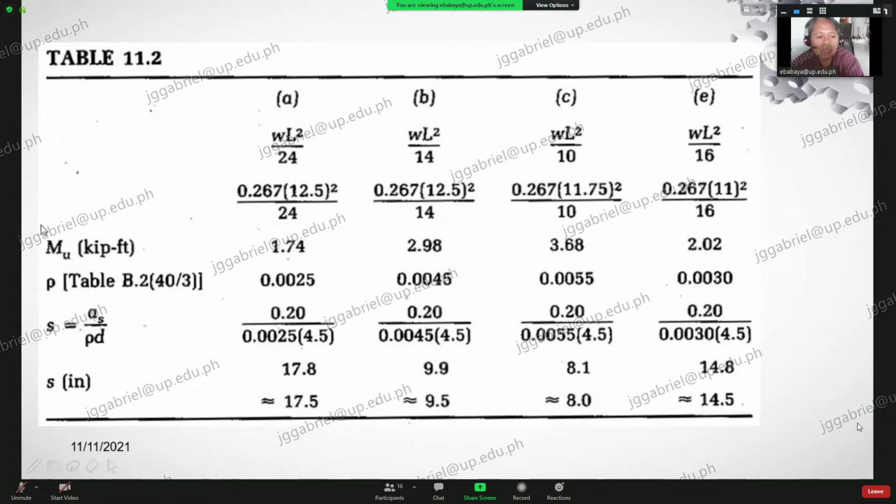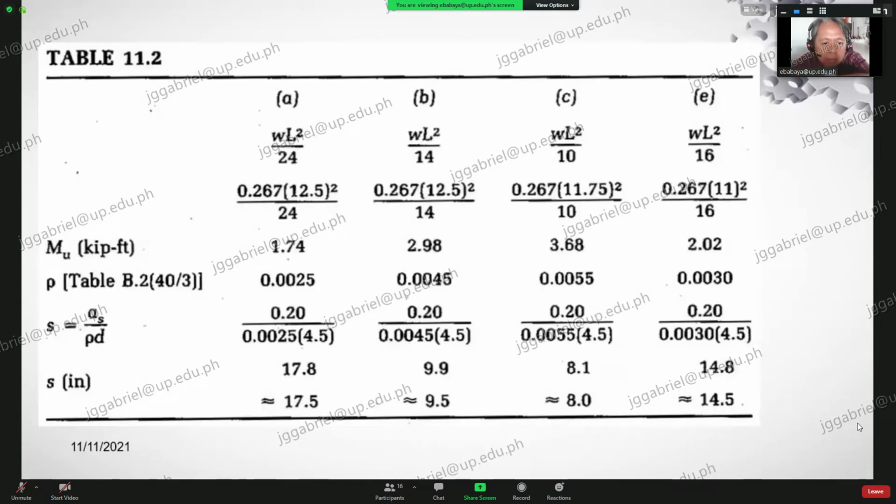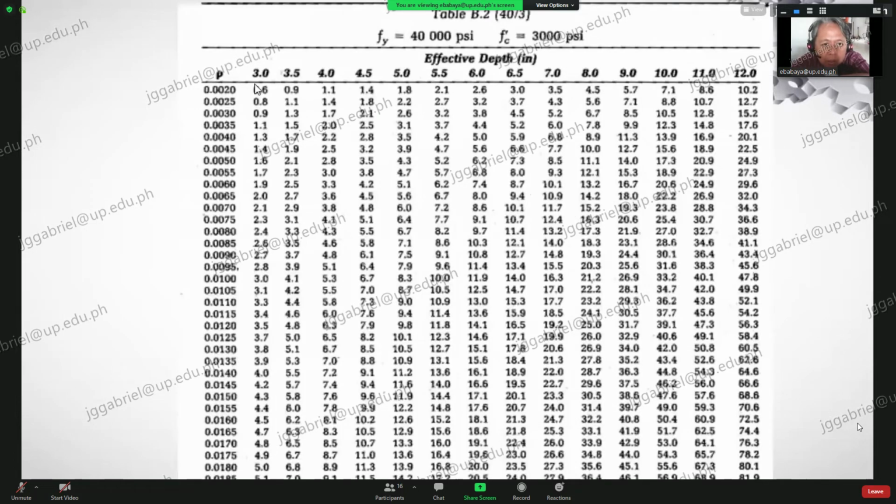Now, referring to the table, okay, looking at the effective depth, what is the effective depth here? 4.5, di ba? So, hahanapin natin yung 4.5 from here. Okay, balikan natin. So, you have, say, 1.74. 4.5, 1.74. Andito siya, no? So, you will use 0.0025 kasi 1.8 dito eh.